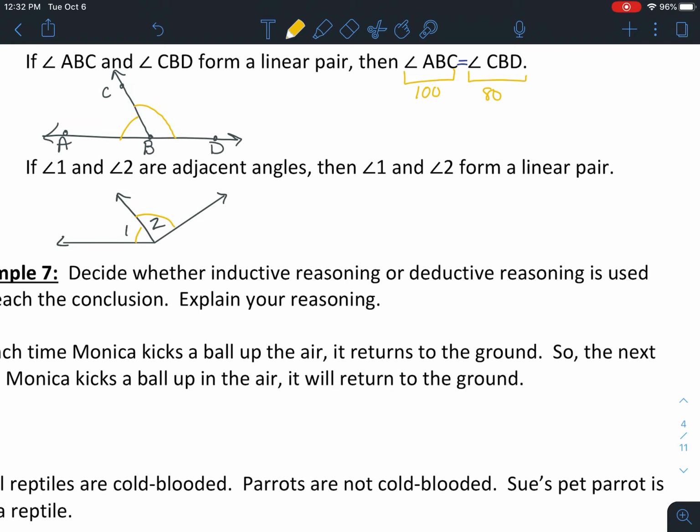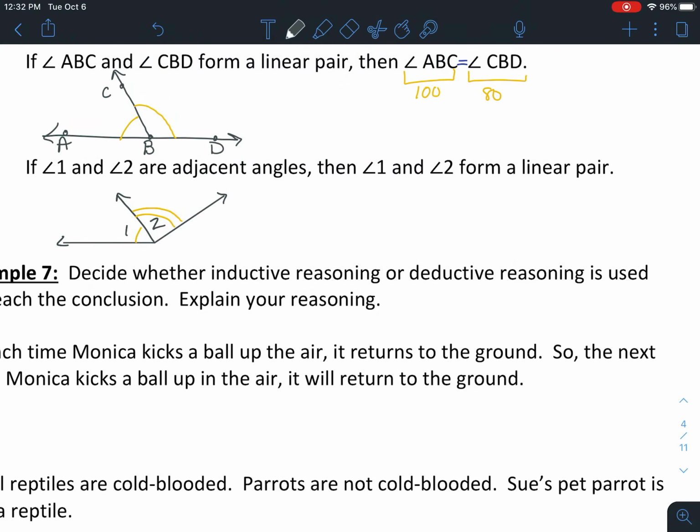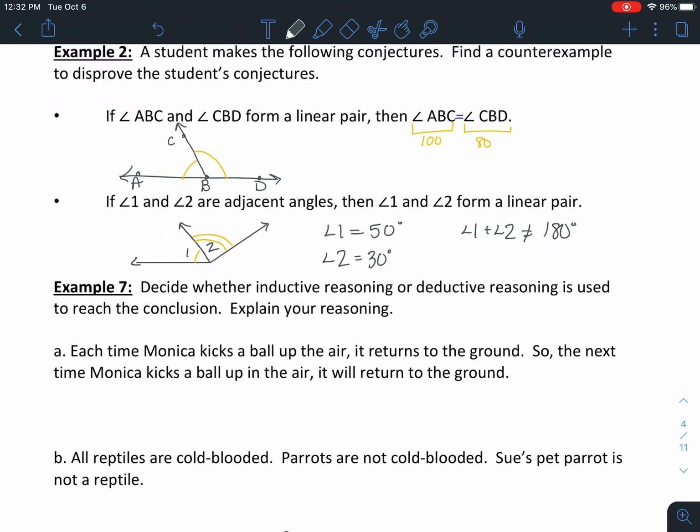And angle 1 and angle 2 do not form a linear pair. So we could say angle 1 is equal to, say, 50 degrees, and angle 2 is equal to 30 degrees. Angle 1 plus angle 2 do not equal 180 degrees. Brilliant.